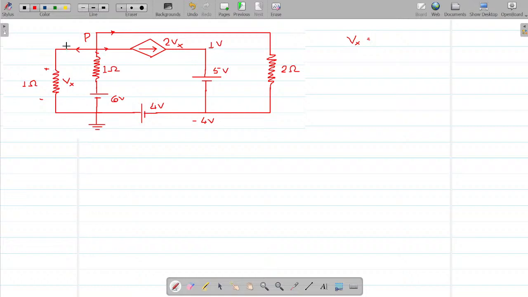These are two parallel points. When these are two parallel points, the potential would be the same. So can I write Vx is equal to Vp? This is the first thing you derive. Now at point P, assuming all currents to be outgoing.